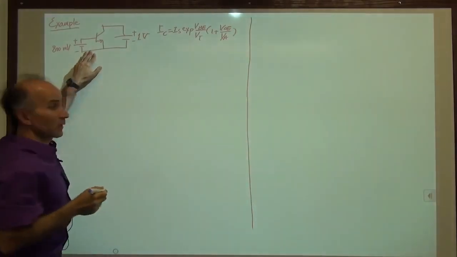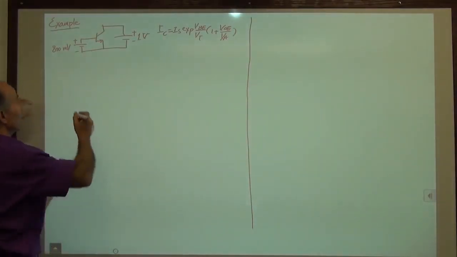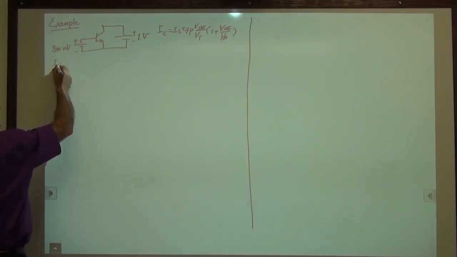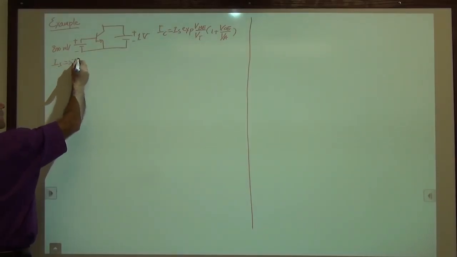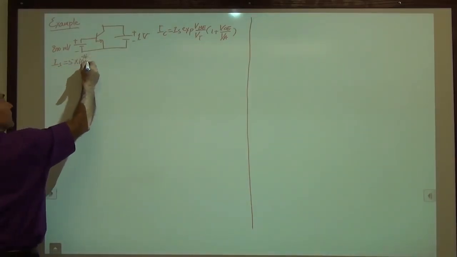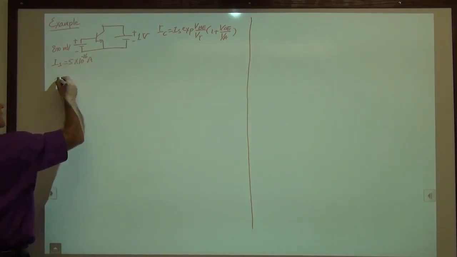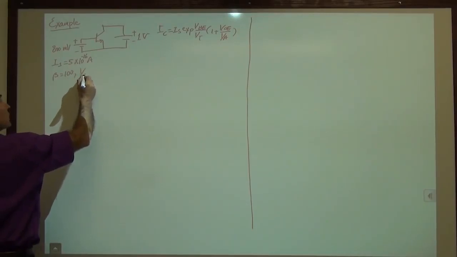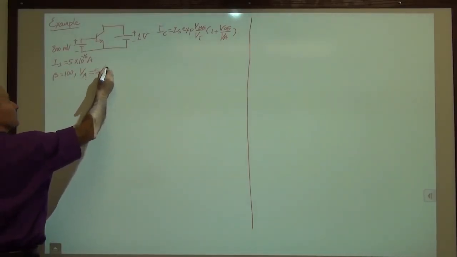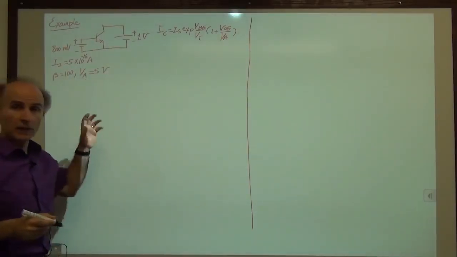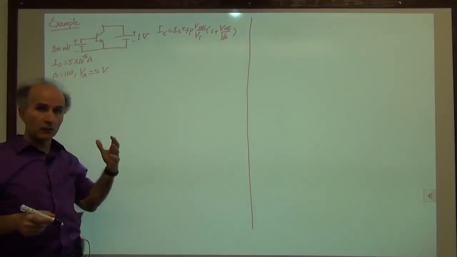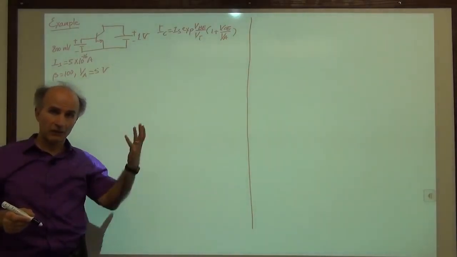Now for this transistor, we are given some parameters. We are given an IS of 5 times 10 to the minus 16 amperes, beta is 100, and the early voltage is 5 volts. These are parameters that you would see in the data sheet of the transistor.